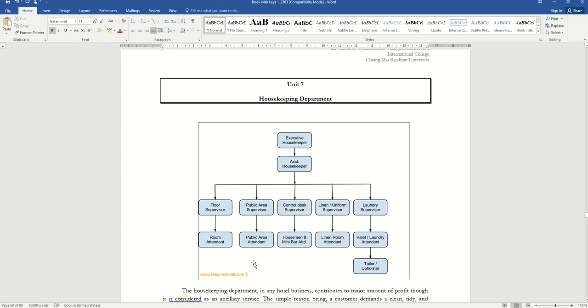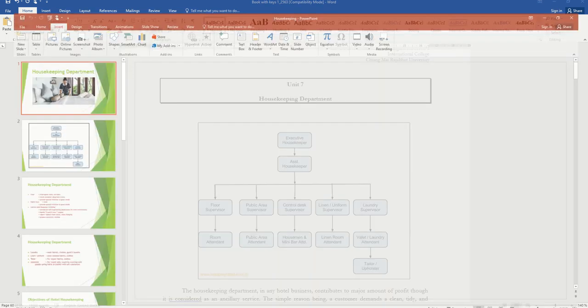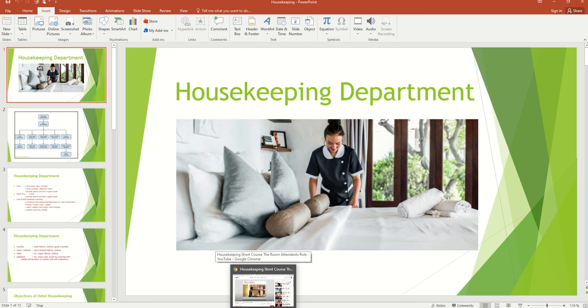Before I talk about the housekeeping department, let me tell you why I put the lesson in the book and also the course syllabus in order. If you can remember, our previous lessons are about taking reservation and then checking in, giving information and dealing with complaint.